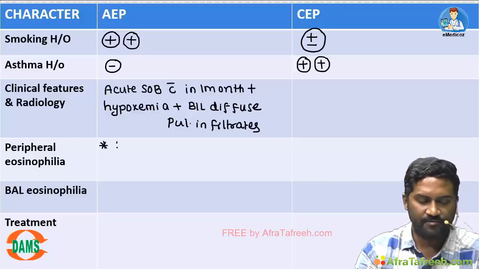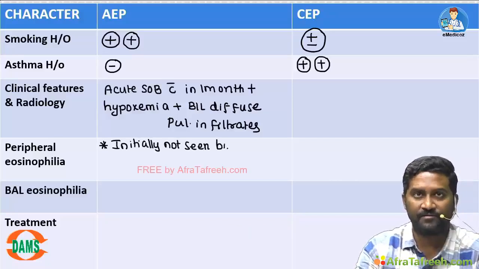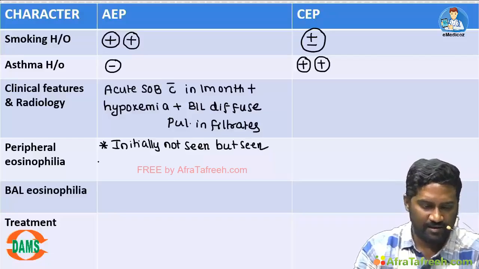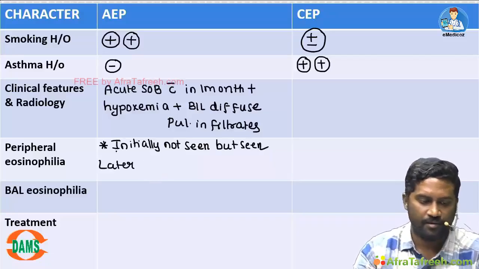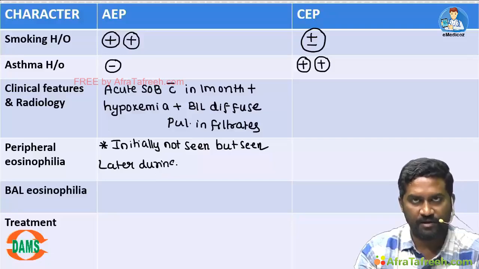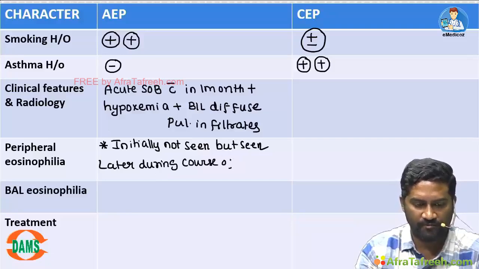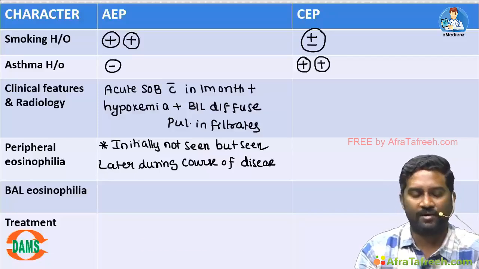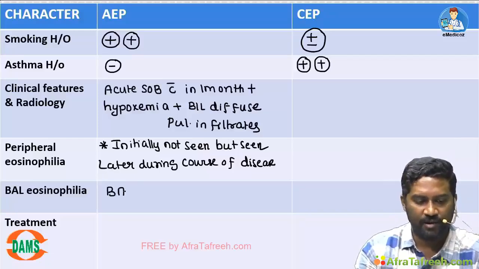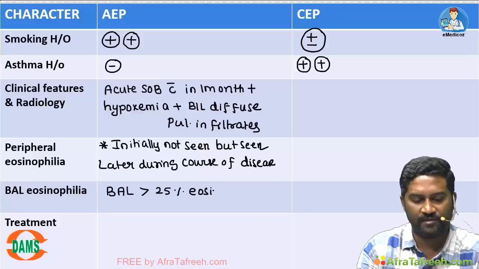Coming to peripheral eosinophilia, excess eosinophils are not seen during the first week of illness, but seen later during course of disease. Now if they ask you regarding bronchoalveolar lavage findings, it will have more than 25% of eosinophils.